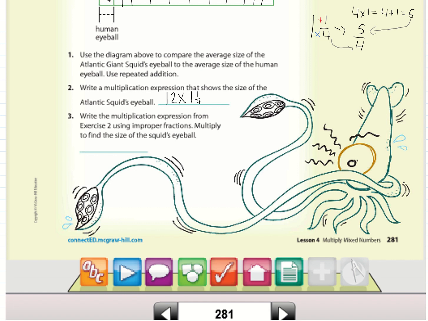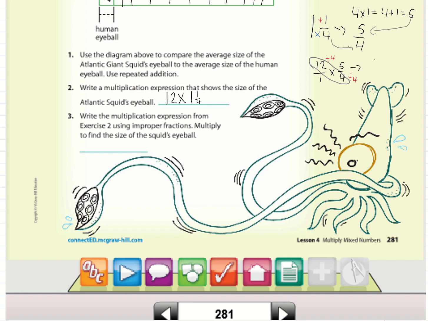So now in order to multiply this, we're going to take 12/1 times 5/4. Now if we do cross division, I notice I do have compatible numbers with 12 and 4. 5 and 1 don't have any compatible numbers. So I can divide each of these by 4.